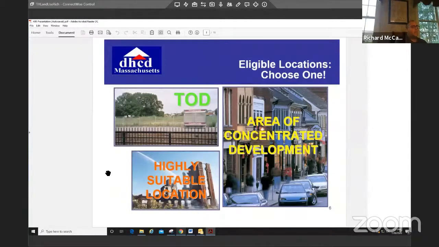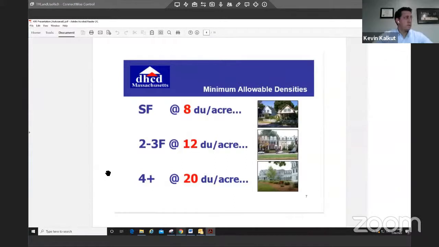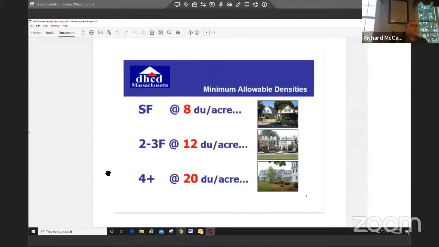And this slide I just took from a previous presentation, but unlike the zoning that we're talking about, this sets minimum parameters for development density, residential wise, based on dwelling types. So single family, 2-3 family, and multifamily.